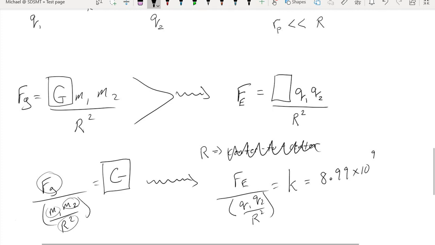And then, well, we need some units here. How are we going to get the units? Well, we could go through what we have for units already in the expression. We have force, which is in newtons. We have the product of two charges. Well, charge is coulombs, so that needs to be coulombs squared.